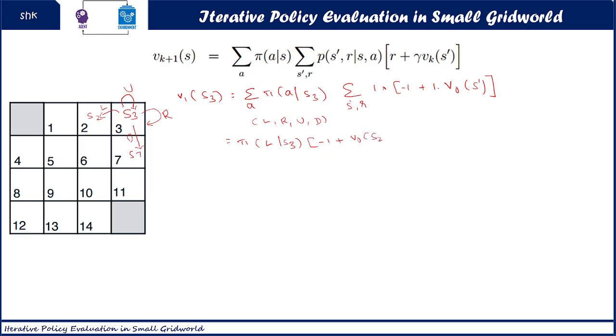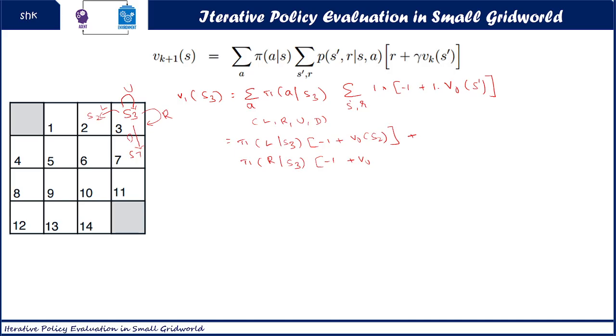So we reach the S2 state, plus the probability of action right from the S3 state. The reward is -1 and V naught of which state do we consider? For the S3 state, there is no state on the right hand side.